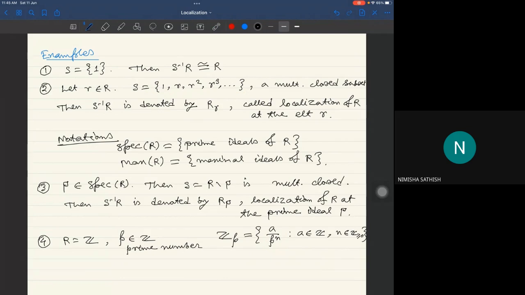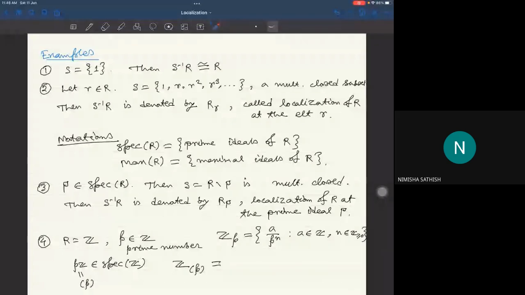Okay, now for this prime number p, you can have a prime ideal. So this is there in Spec of Z, and we denote this ideal generated by p. Now if I write an element of Z localized at this prime ideal, how does it look like?